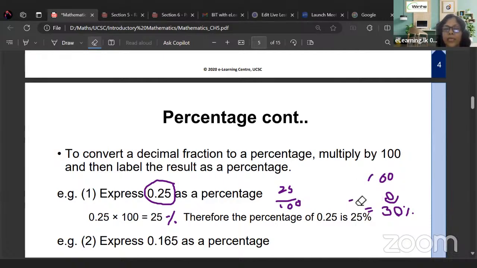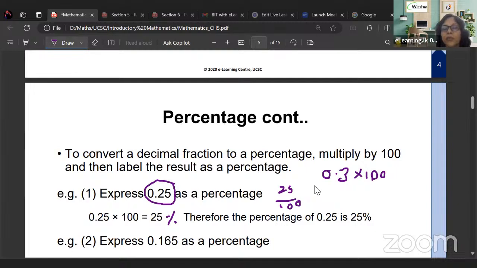Shall I do it again? Let's do it again, Dilusha. First write down the decimal number. Here I took the example as 0.3. If you are converting this into a percentage, you should multiply it by 100.